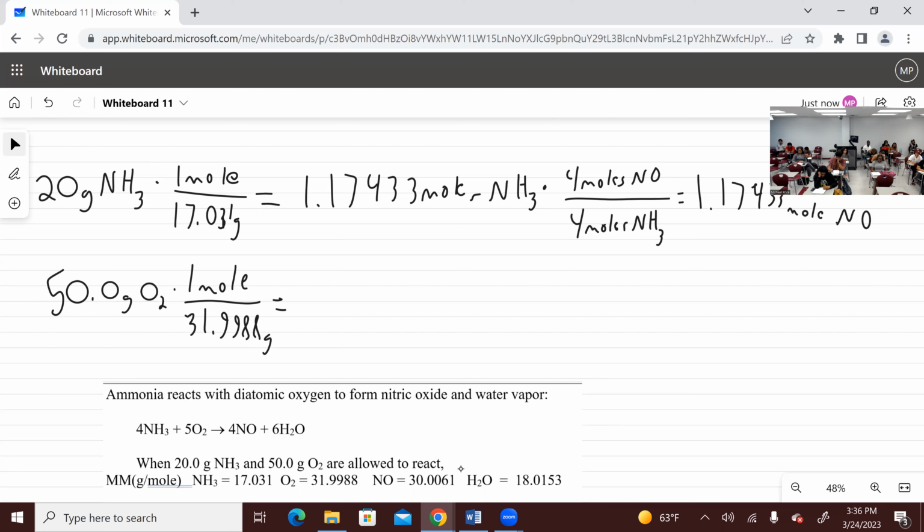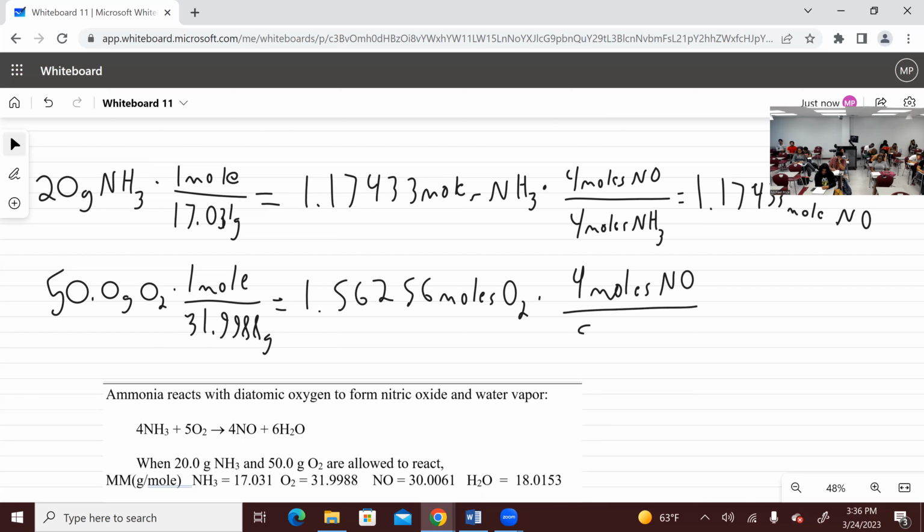That's going to give me 50 divided by 31.9988, which gives me 1.56256 moles of O2. Now notice I get 4 moles of NO for every 5 moles of O2 consumed.